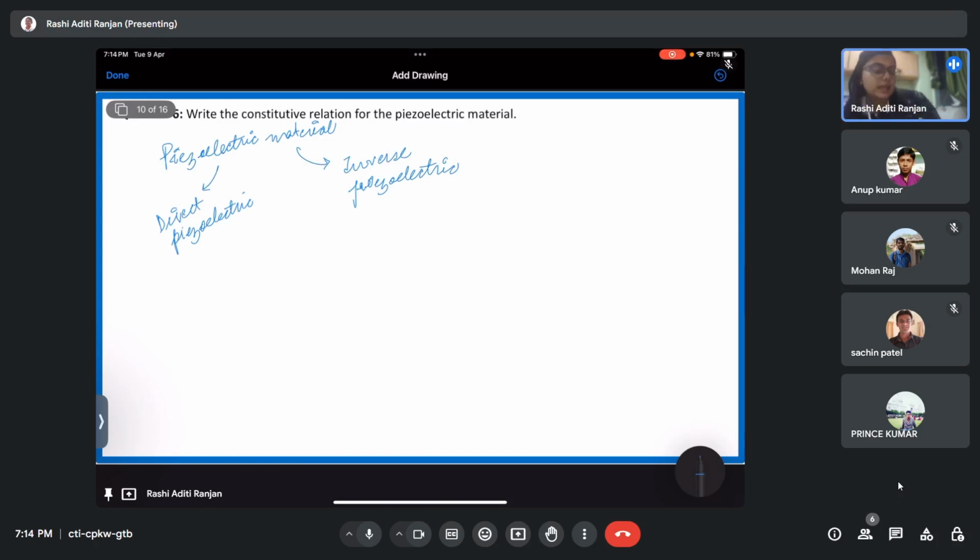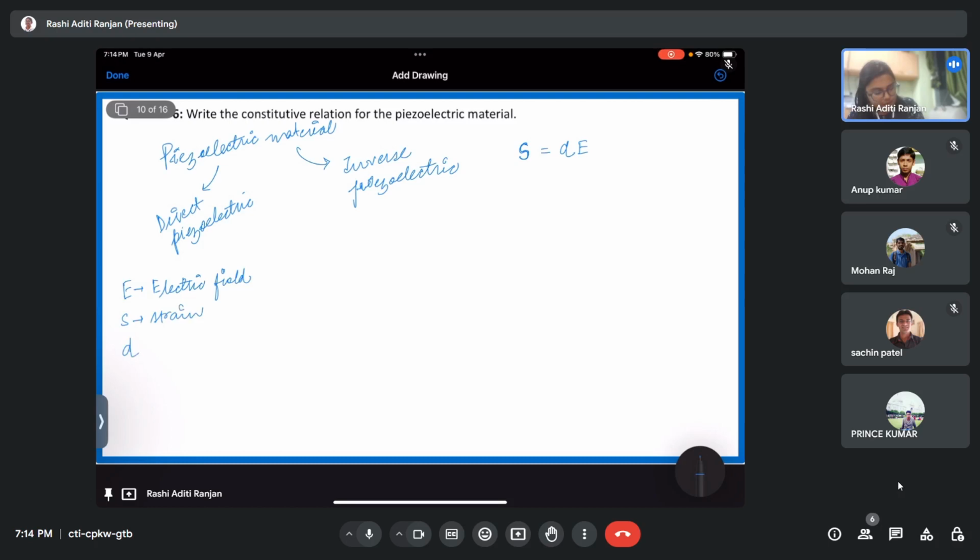So in case of my piezoelectric material, I have two relations. My first relation says that my strain S is written as d into E. E is my electric field. S is my strain.